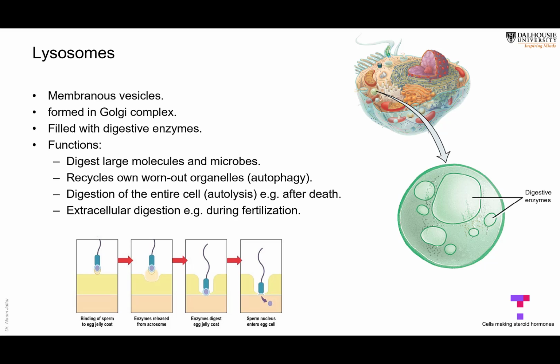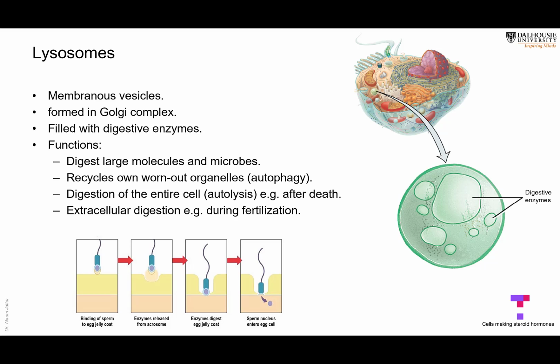Some of these organelles are worn out, so they can be digested by the cell itself, or the lysosomes digest the entire cell after death. What happens after death is that these lysosomes will explode and spill the digestive enzymes into the cytoplasm and will digest the cell itself.